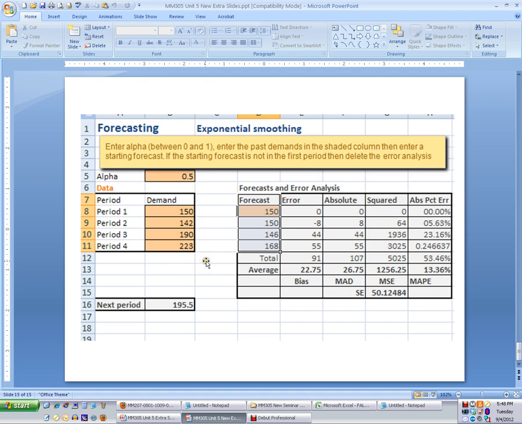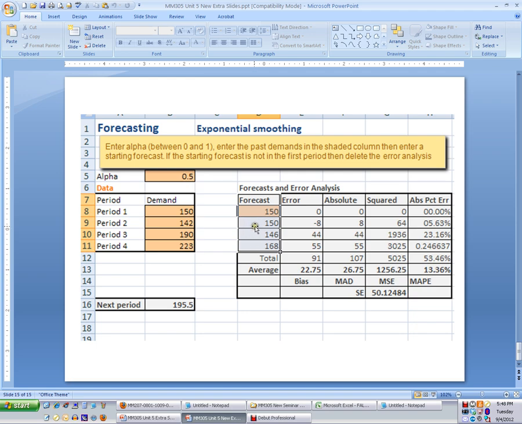However, for exponential smoothing, remember you're making forecasts actually after the first period. So look over to the table on the right. Under the forecast column, only the first period of data is actual data, and exponential smoothing will calculate the forecast starting from the second period on.